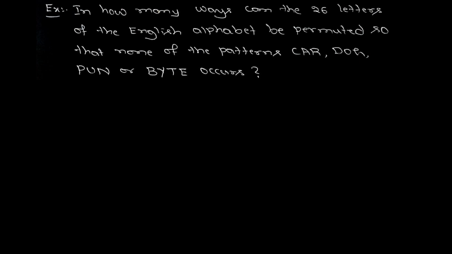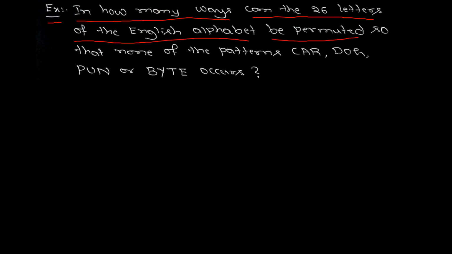Next example: in how many ways can the 26 letters of the English alphabet be permuted so that none of the permutations contains car, dog, pun, and byte?